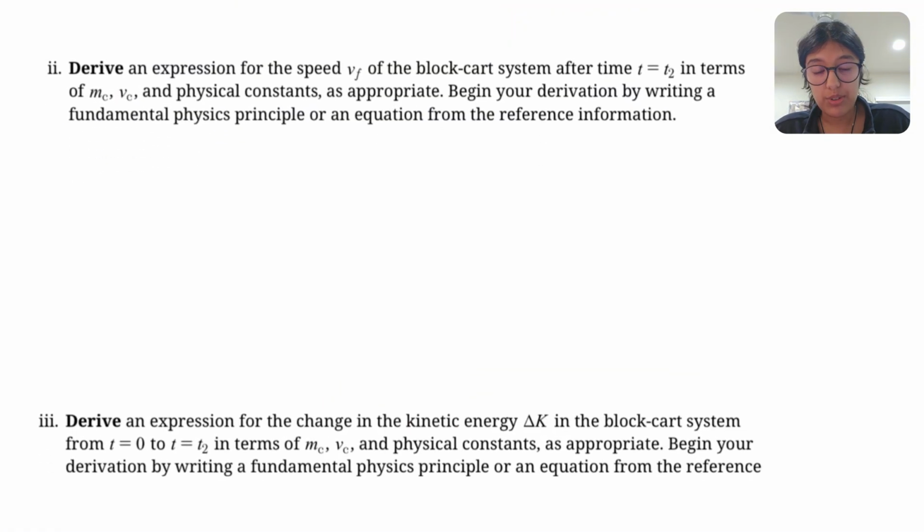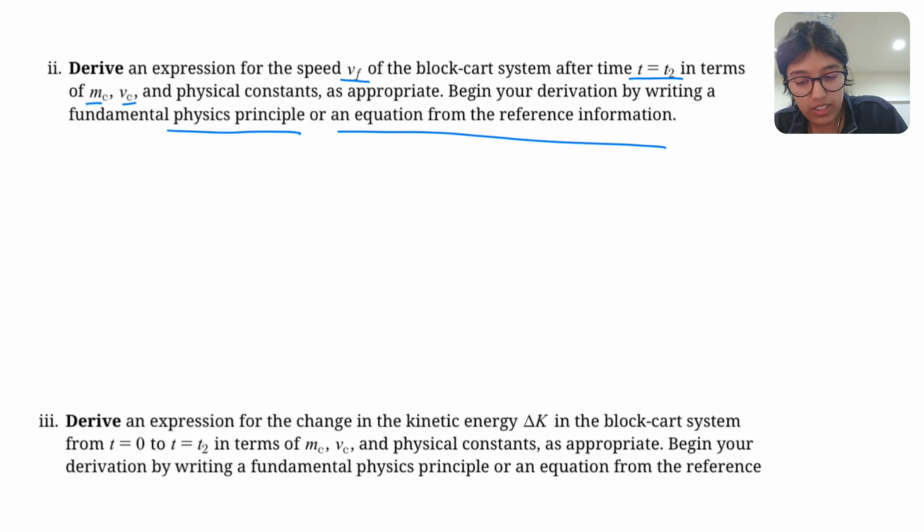Now we are on to A, part 2. So in order to solve this, it says derive an expression for the speed Vf of the block cart system after t equals t2. So after the block has been dropped on the cart already. In terms of mc and vc and physical constants as appropriate, begin your derivation by writing a fundamental physics principle or an equation from the reference information.